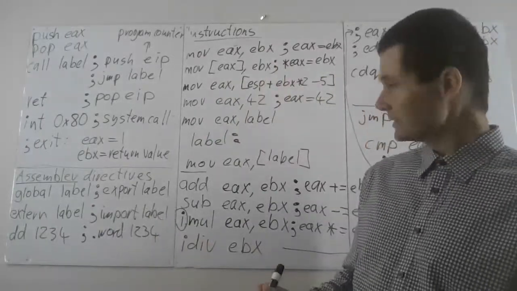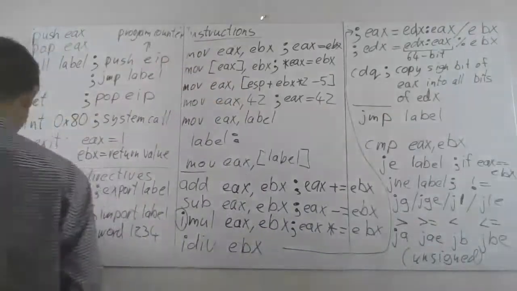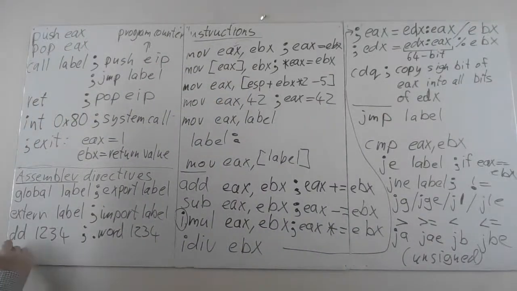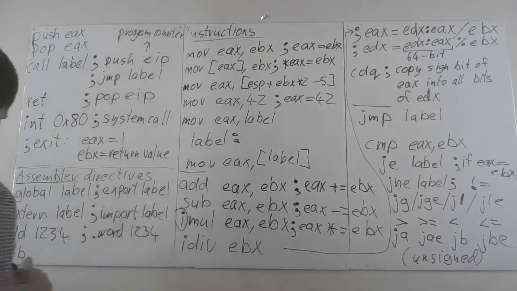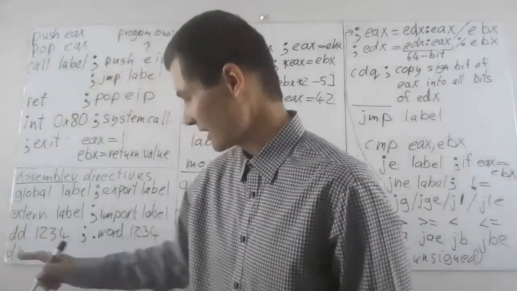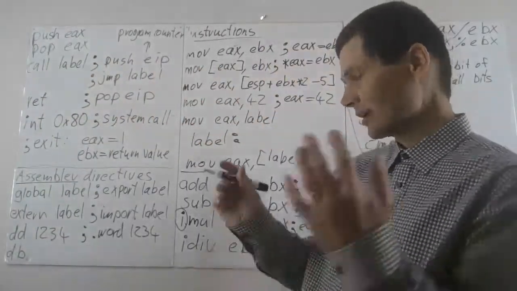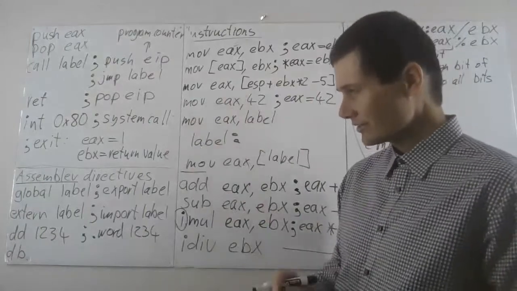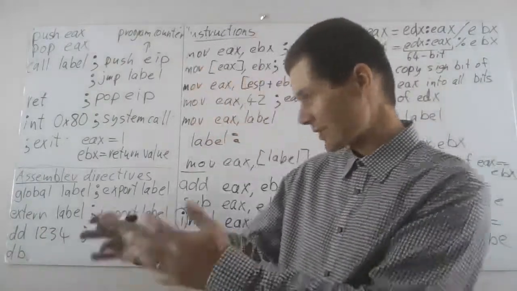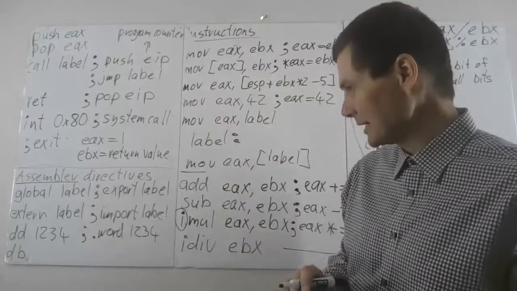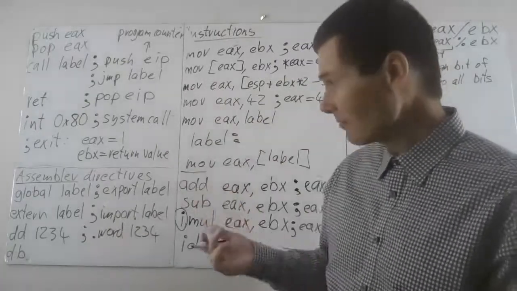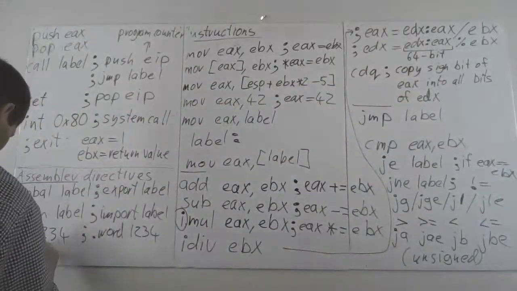All right, maybe I'll squeeze one more in here. So I mentioned DB. So DB puts a byte as a constant into the generated code. So you could do DB 42, and it would encode that as a byte. But often you would use DB with a string.